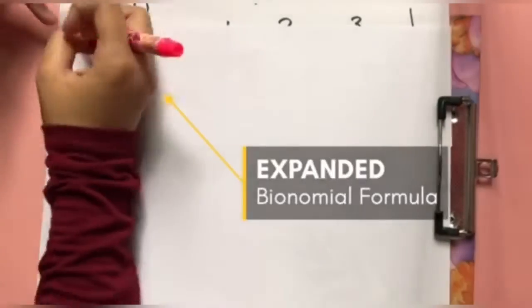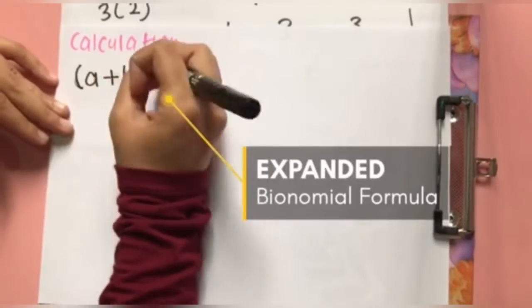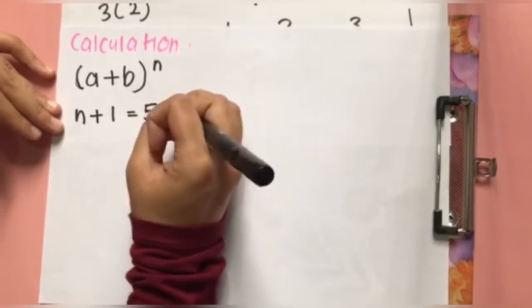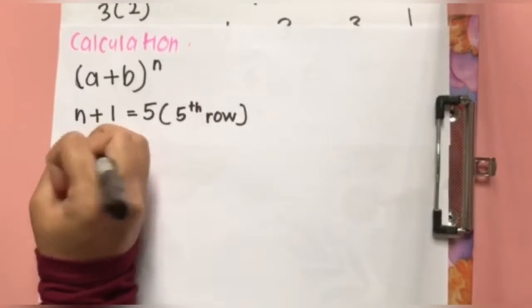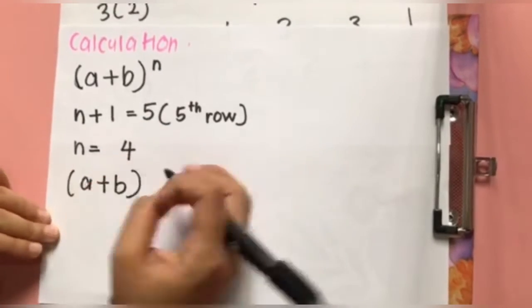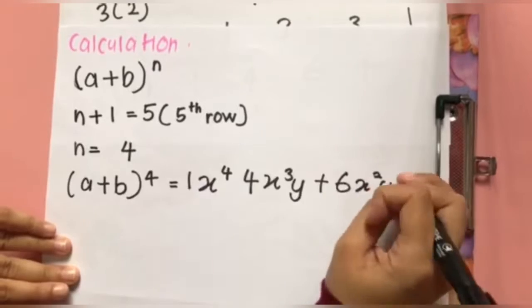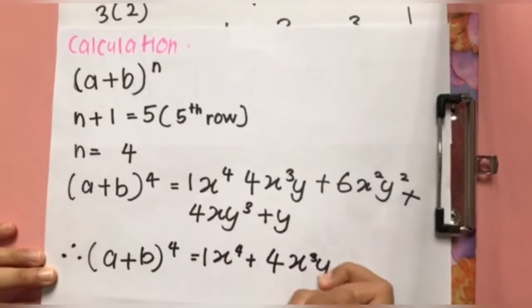So, for the calculation, we have to use the expanded binomial formula, which is a plus b to the power of n. n plus 1 is equal to 5, which is the fifth row, and the value of n is 4. By using the binomial theorem and Pascal's triangle, we can expand the expression.